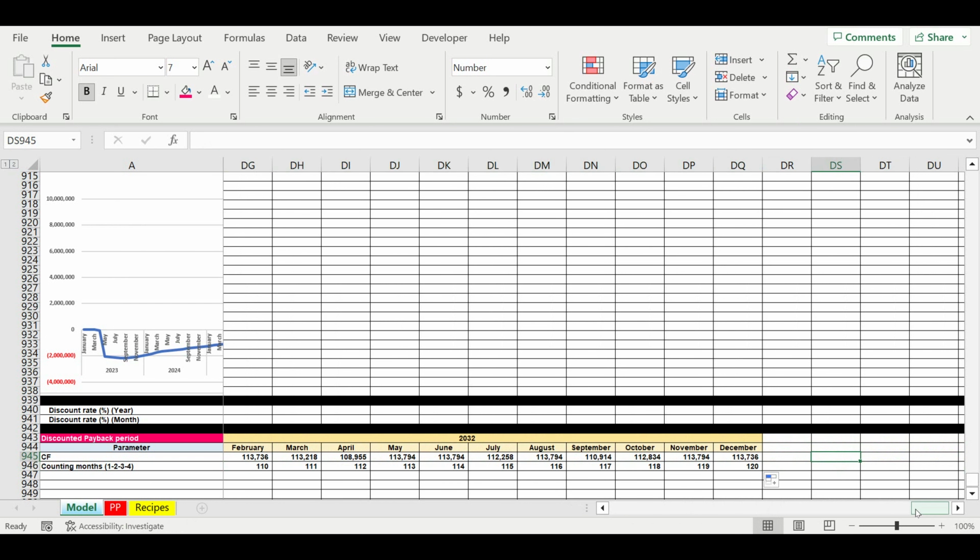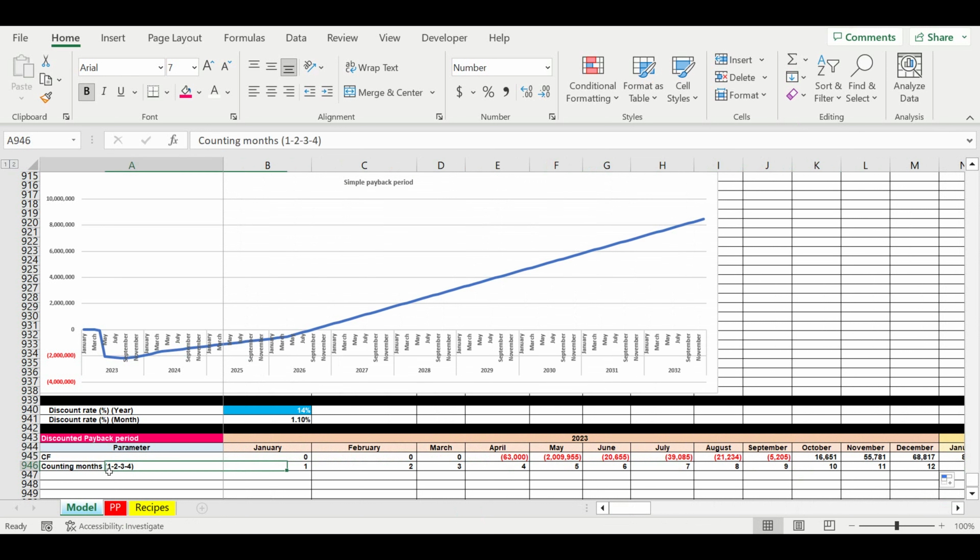Now I need to calculate the discounted cash flow.